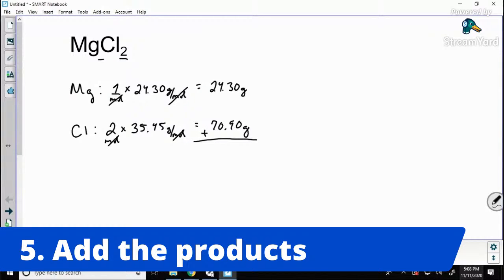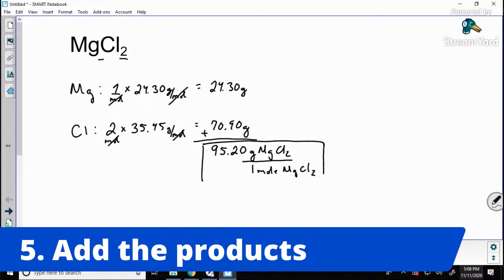So when I add the 24.3 plus the 70.90, I get 95.20, and that would be grams of magnesium chloride, my compound. And again, because this is done in terms of grams, that would be per 1 mole of magnesium chloride.